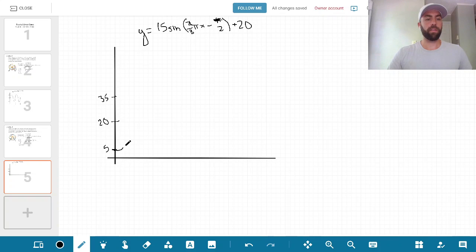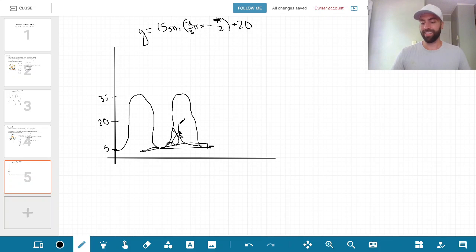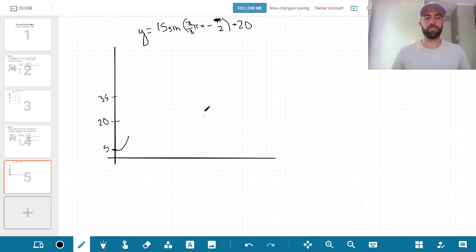So we'll start here, it goes up and down and up and back down. Let me do that again. Goes up and back down and up and back down to 5.